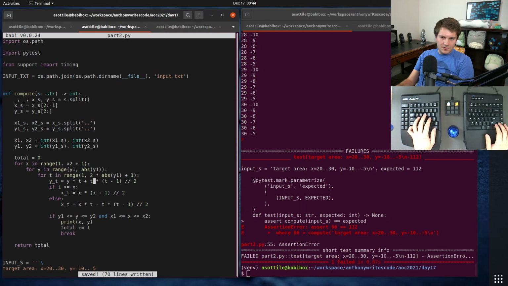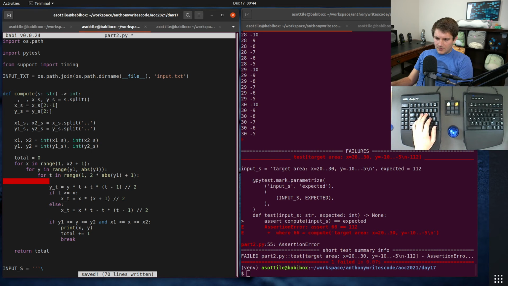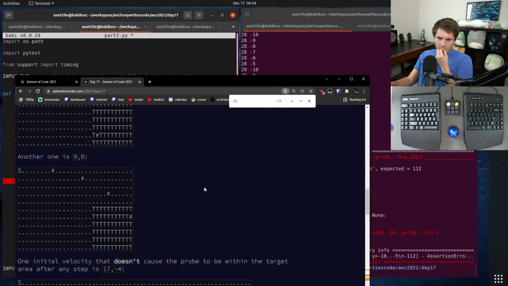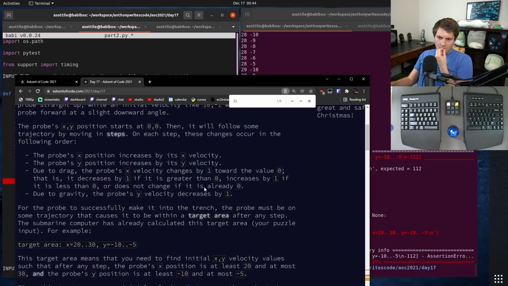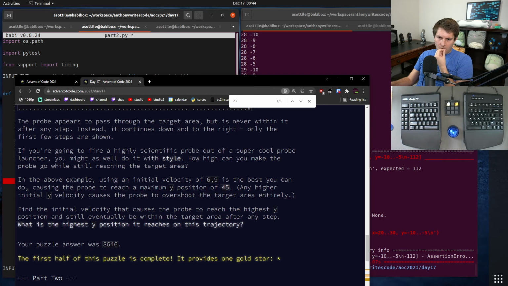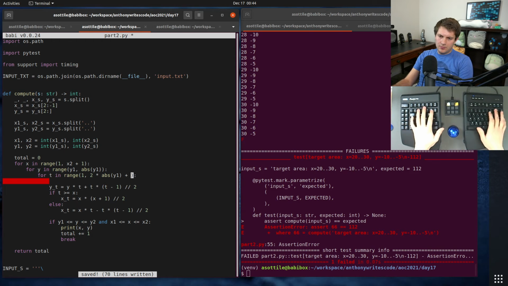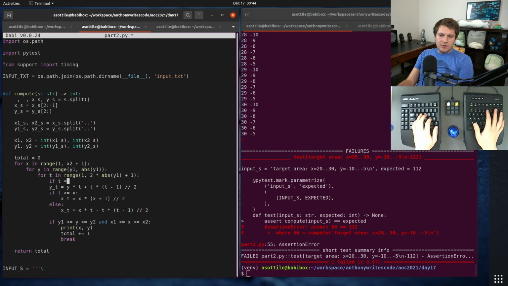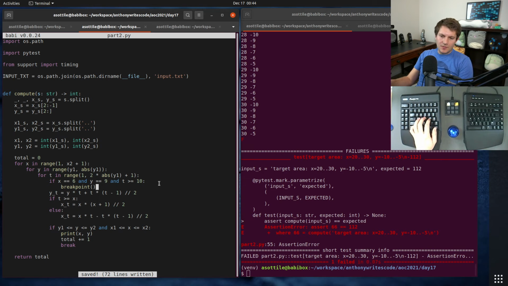Okay. If x equals 6 and y equals 9, and t is greater than or equal to 10, then we'll put a breakpoint here and see what we're getting here.